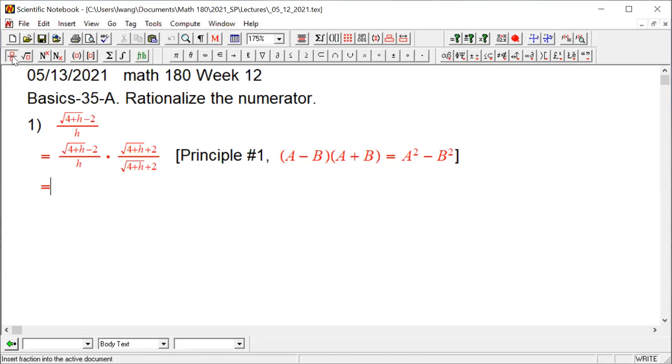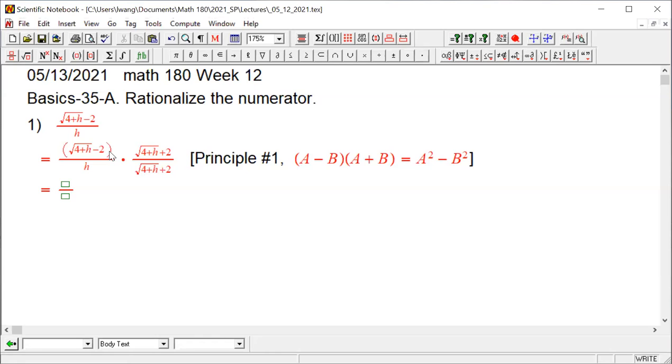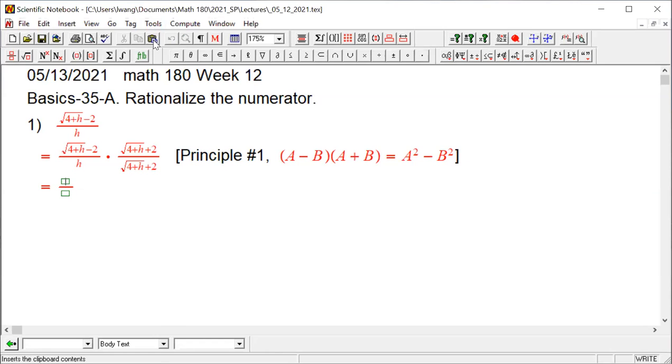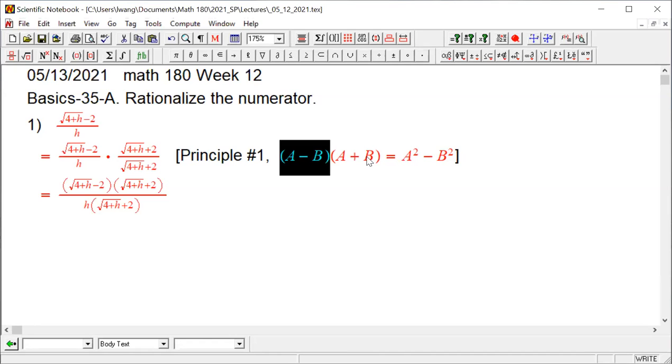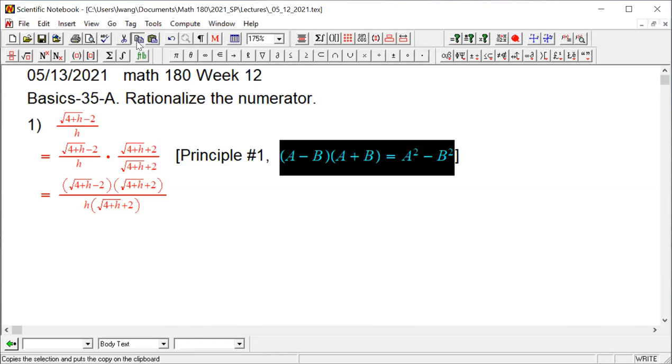So the next step, view this step as optional, because you could just do the numerator times numerator, denominator times the denominator. And because we're creating this scenario, so this scenario is being created.